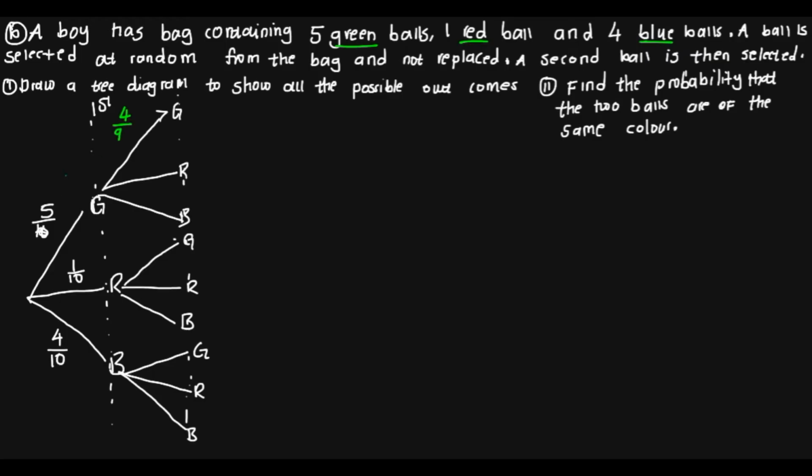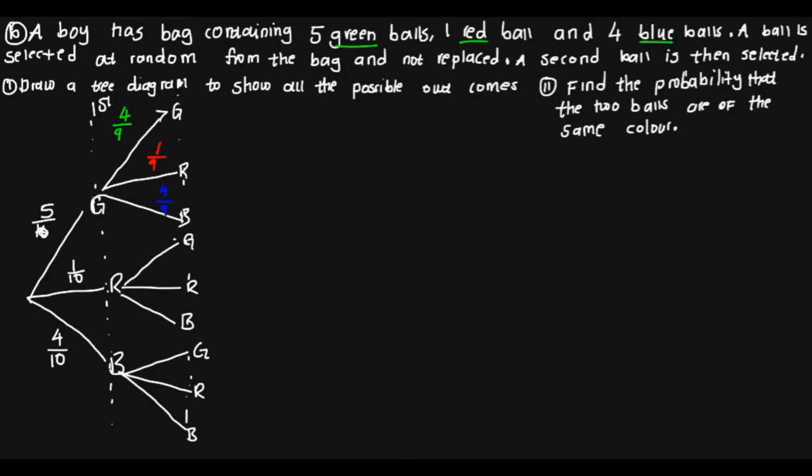If an item is selected without replacement, the total should be reduced by 1. Then for red we still have 1 over 9. Then for blue it is 4 over 9.